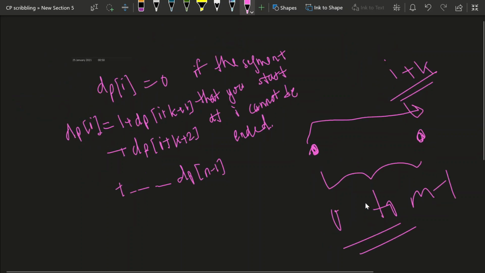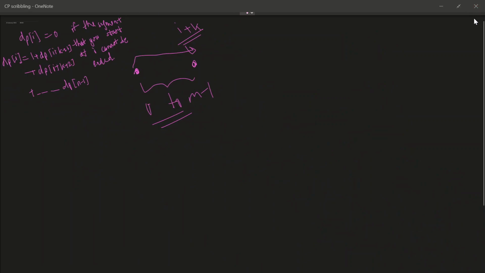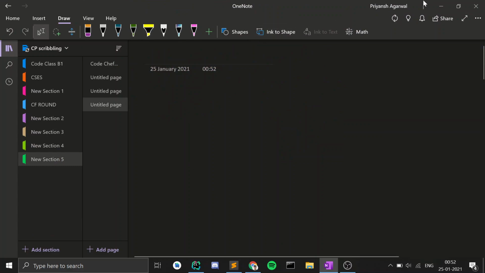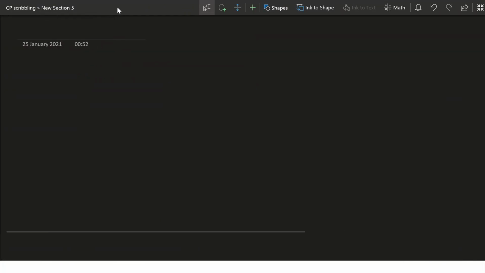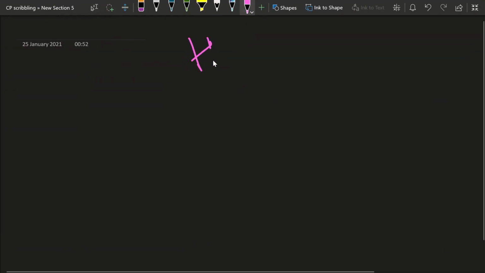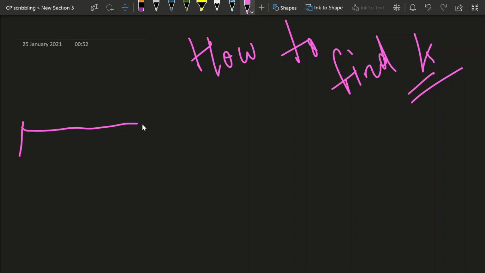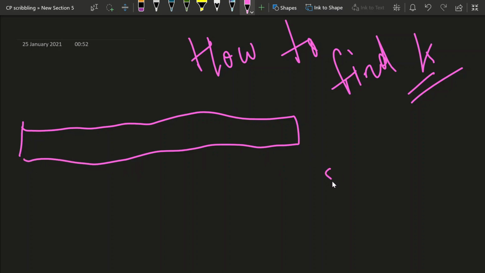Now, I've used a set for this and I'll quickly explain how I'm doing this. So I'll bring up another slide here. Now what we're doing is finding this k. What you can do is start from the back, and you can have a set, and this set will store pairs.